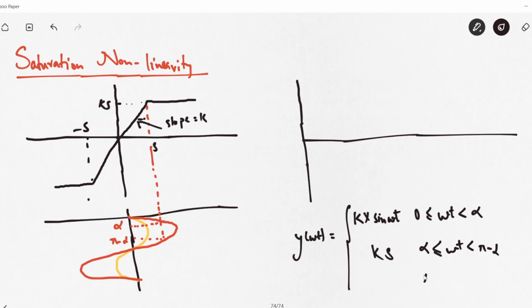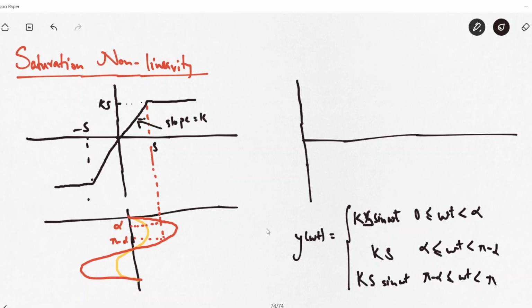So again, from pi minus alpha to pi, it will again be equal to ks sine omega t.